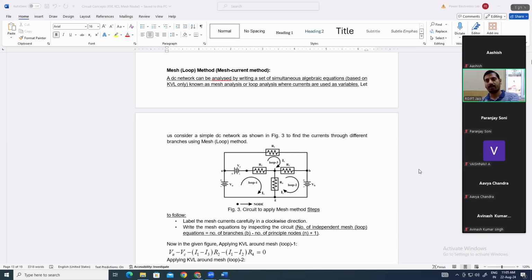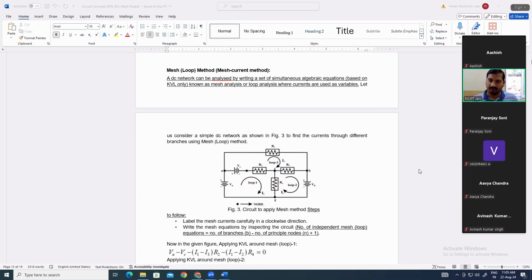A circuit must have a closed path so that the current flows through all the elements connected in the closed path, right? But in a network, there may be some closed paths and some unclosed paths, where some elements are connected but the current will not flow because the circuit is not completed.